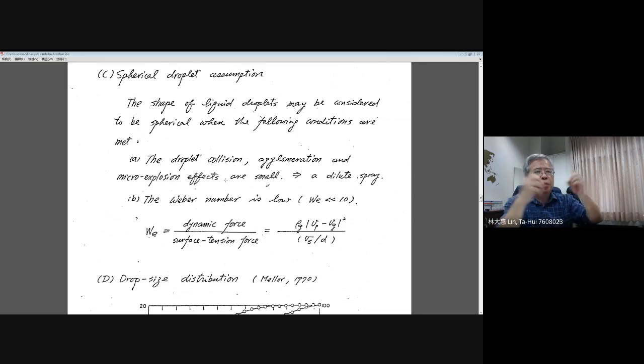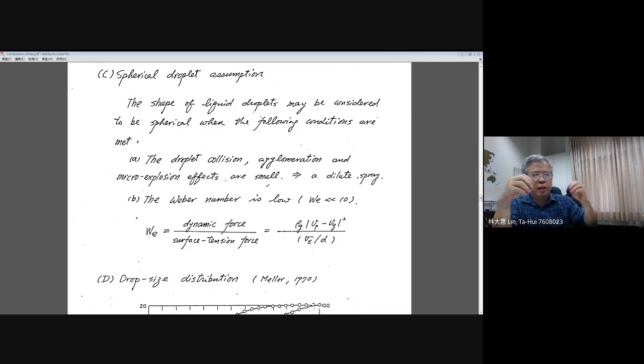If they do not have collisions, when you have so many droplets mixed in a small volume, then the droplets have a big chance to meet together. That means they will collide, agglomerate, or maybe, as I explained earlier, some micro-component droplets will experience micro-exploding.